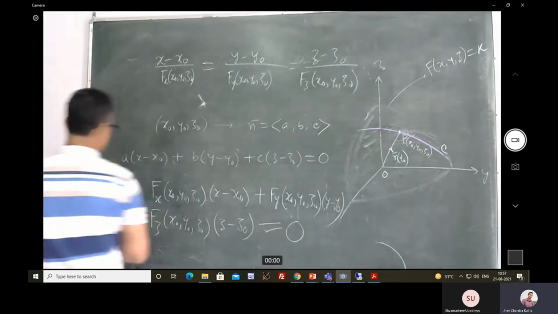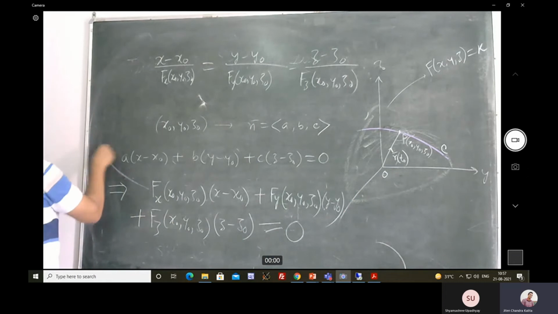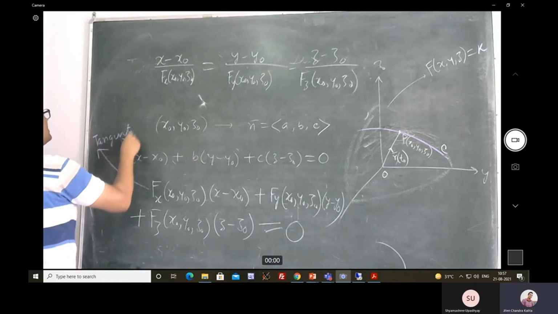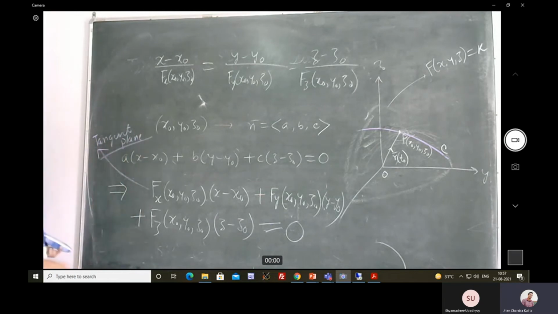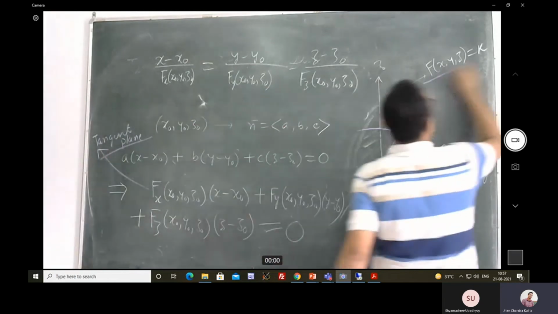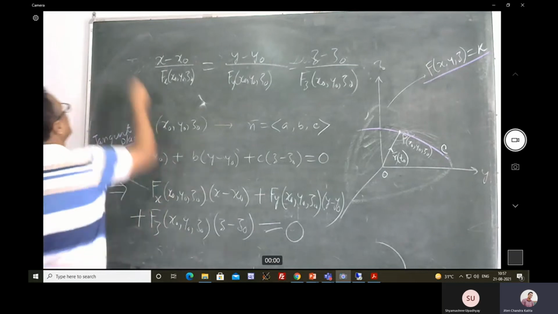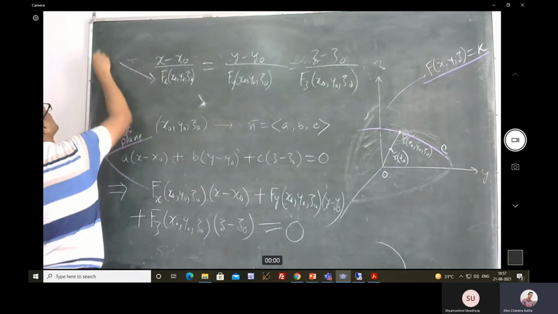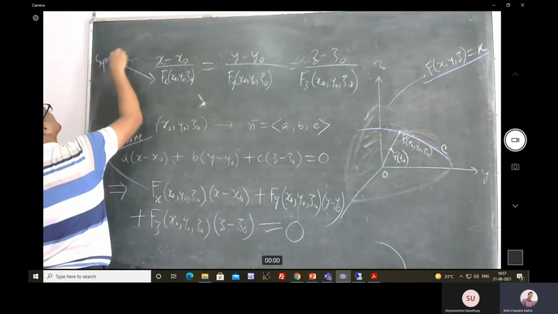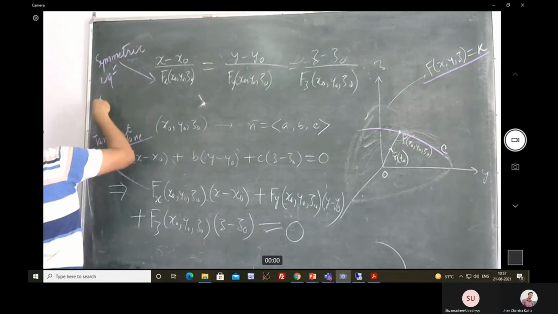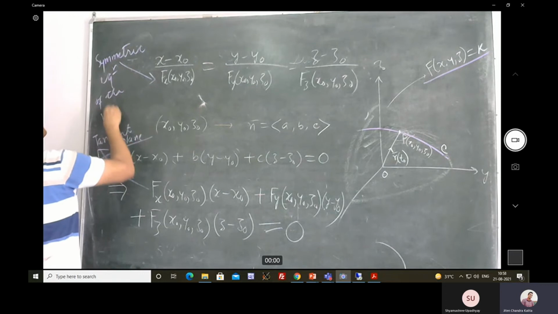So this is the equation of the tangent plane to the surface f of x, y, z equal to k at the point x naught, y naught, z naught, and this is the symmetric equation of the normal.